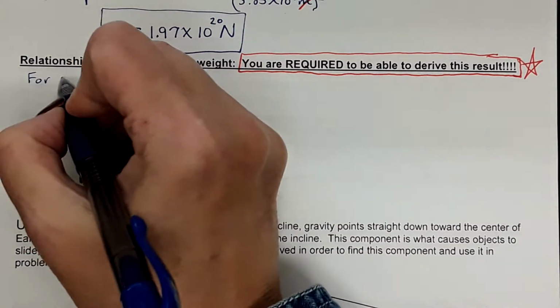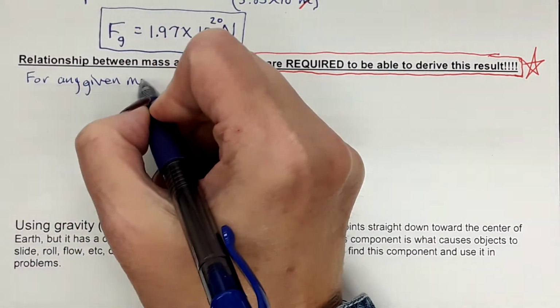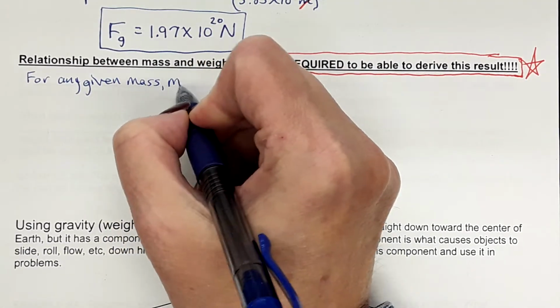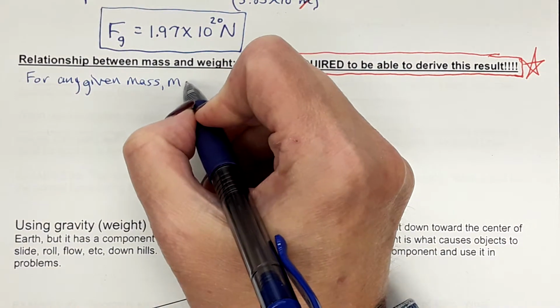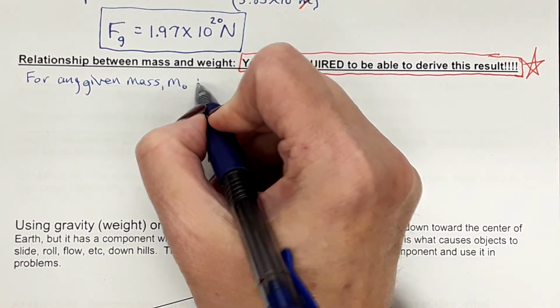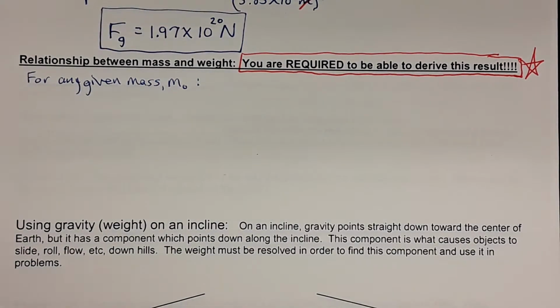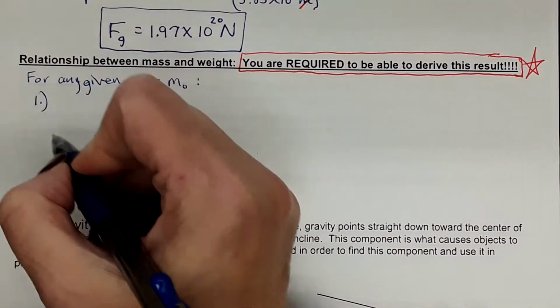For any given mass, M, okay? We'll say M sub O. Then let's look at the two ways we can find the gravity of the mass here on Earth. The first way is the short way.